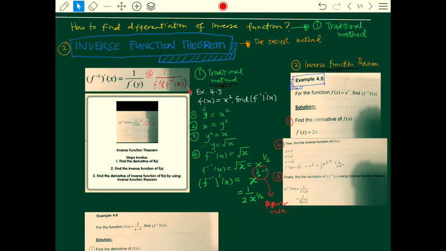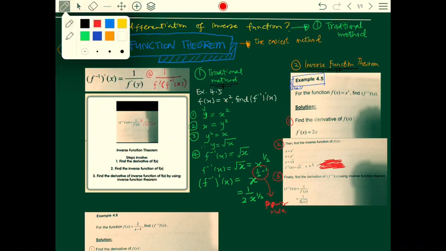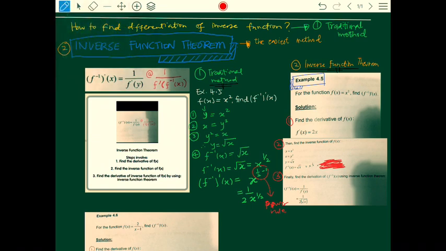Basically this is the formula of the inverse function theorem. And how to use this? Let's have a look here.